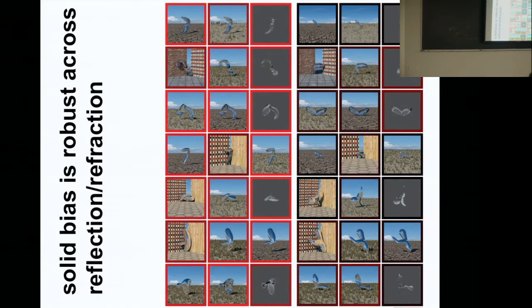So we decided to try that on high-response stimuli for some of these neurons that showed selectivity for one kind of 3D shape and not for another kind of 3D shape. I don't know how well you can see it, but these are reflective and refractive versions of these shapes.